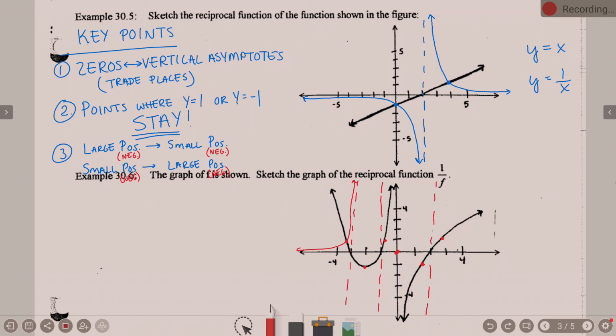That part of my graph was positive, so I was above the x-axis. The next part of my graph is negative. So I'm below the x-axis. What's this look like? Yeah, we're going to flip the parabola, just like in sine, cosine, secant, cosecant. We're going to flip that parabola. And then you touch at that negative 1 point.